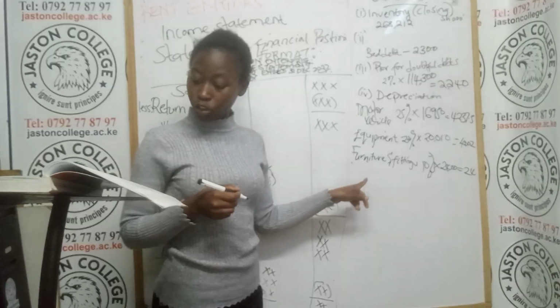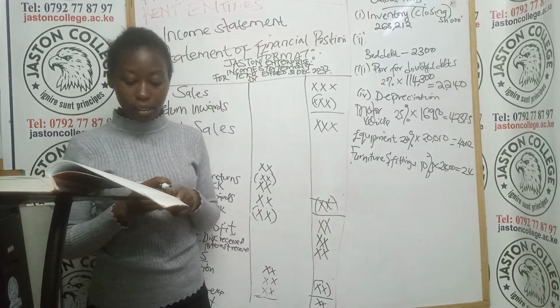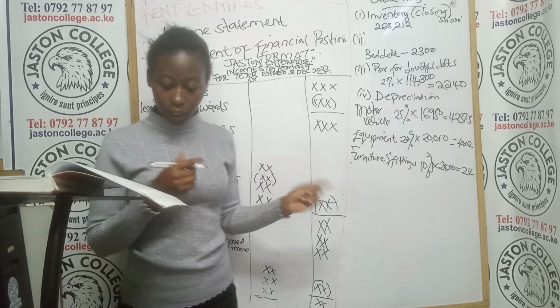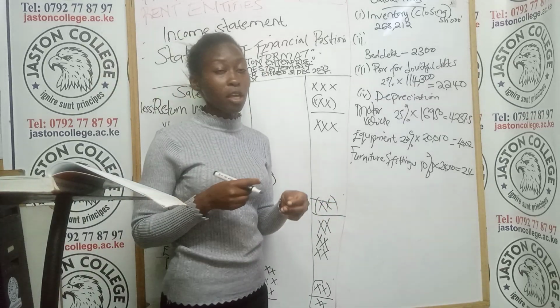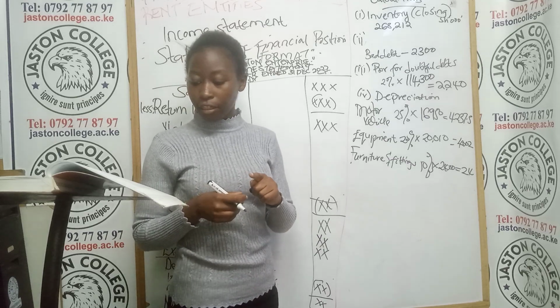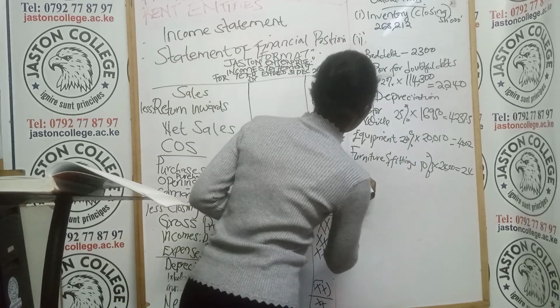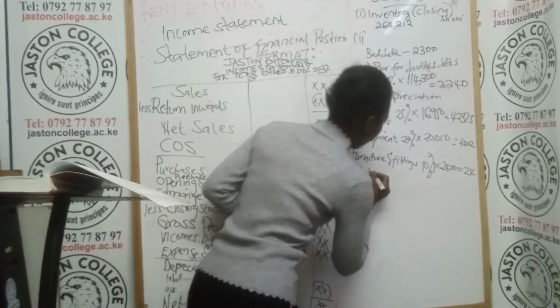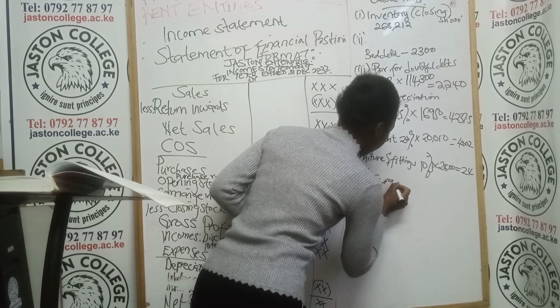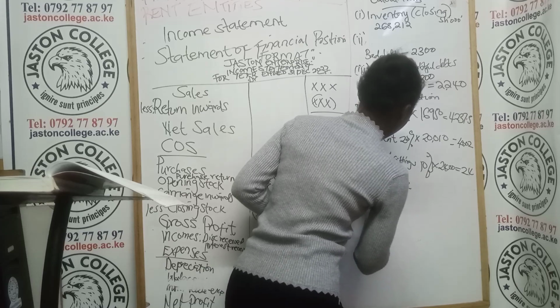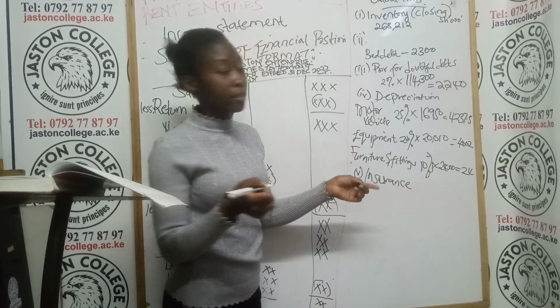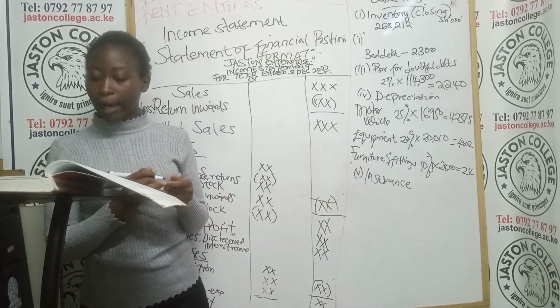We have insurance prepaid. Okay, so insurance prepaid as at 31st October 2016 was 576,000. So note 5, we have insurance, and this is a prepayment. Okay, so prepayments we less, accruals we add.